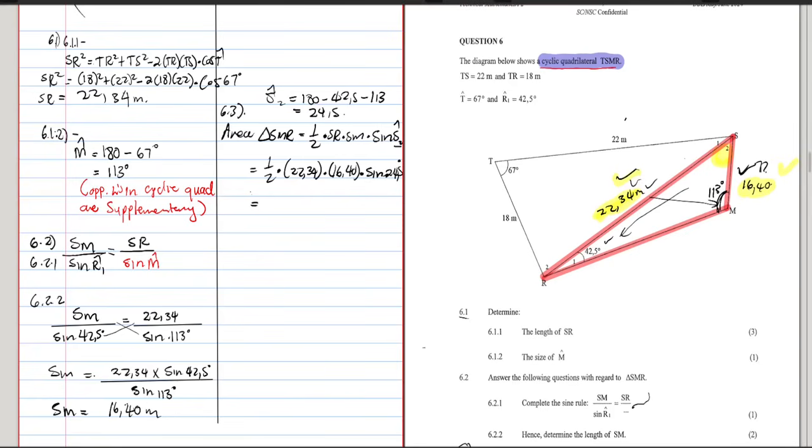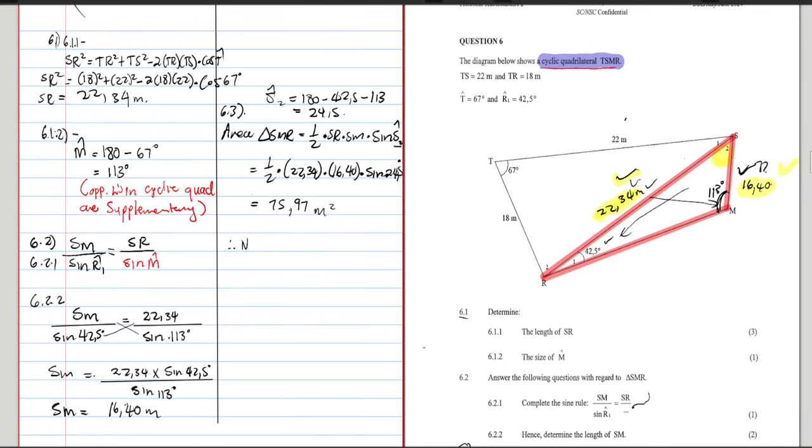Half times 22.34 multiplied by 16.4 multiplied by sine 24.5. I'm getting 75.97 meters squared.